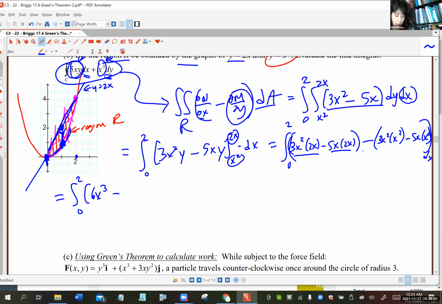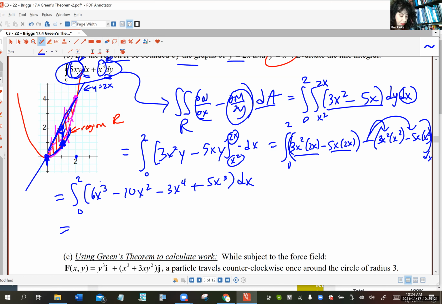The second term is 10x squared, and then I'm going to distribute this minus here. Looks like I'm going to have minus 3x to the fourth, and then minus minus will be a plus 5x cubed, and then dx. And this is just a Calc 1 problem at this point, you guys know.